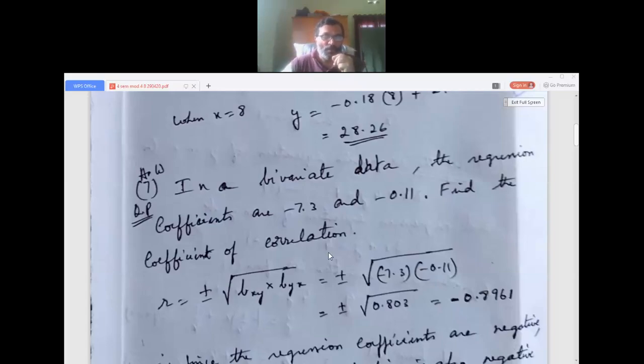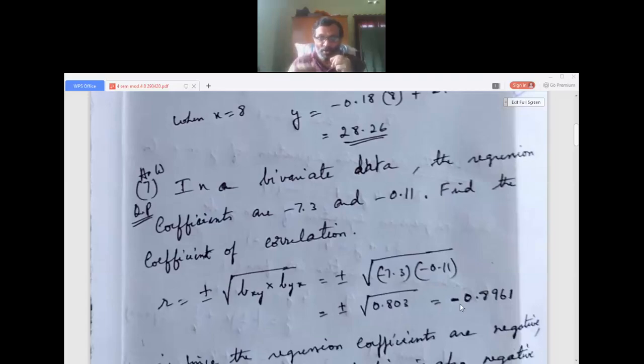R is equal to plus or minus square root of bxy into byx. So this is plus or minus square root of minus 7.3 into minus 0.11. Use your calculators; my answer might be wrong, and if it is wrong, just correct it. I get 0.803, so plus or minus square root of 0.803 gives 0.8965, plus or minus.